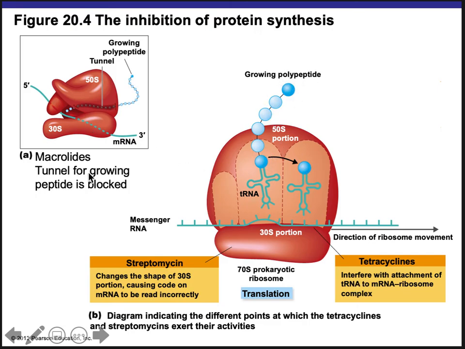Okay. And then the macrolides up here in the top left corner, we see there's this tunnel where the growing polypeptide comes out of the ribosome, and it's going to block this tunnel. So it's going to lock up the whole process, and it's going to stop the process through this tunnel. So the drug binds in here.